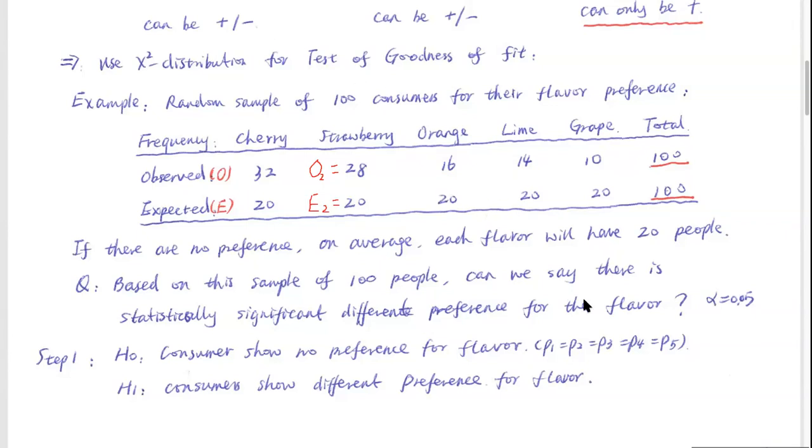Okay, so what's H1 here? They are asking, based on the sample of 100 people, can we say there's a significantly different preference for the flavor at alpha equal to 5%? So in other words, we are trying to see whether they are equal, or whether as long as one of them shows a significant difference from the others, then that is H1.